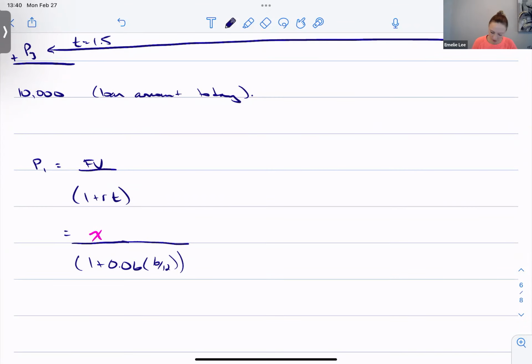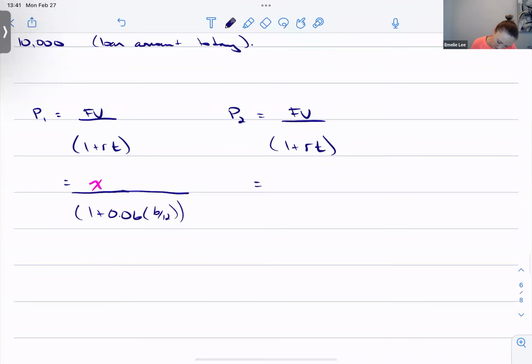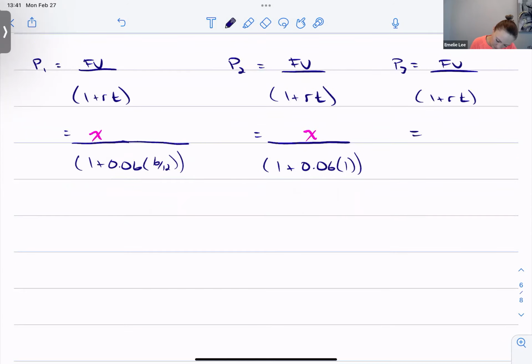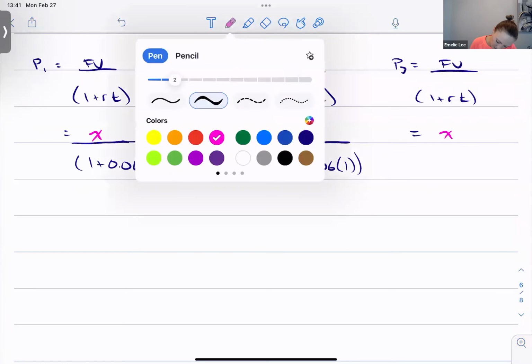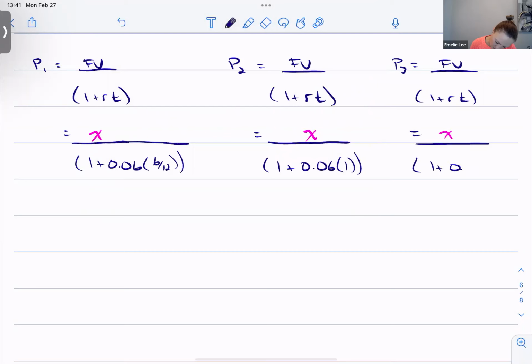I'm going to write all these out right away. P2 is the future value over 1 plus R times T, which means it's X over 1 plus 0.06 times 1. And I'm going to highlight the X in pink, because that's the only new thing that we're learning in this question. P3 is future value over 1 plus R times T, which is X divided by 1 plus 0.06 times 1.5.